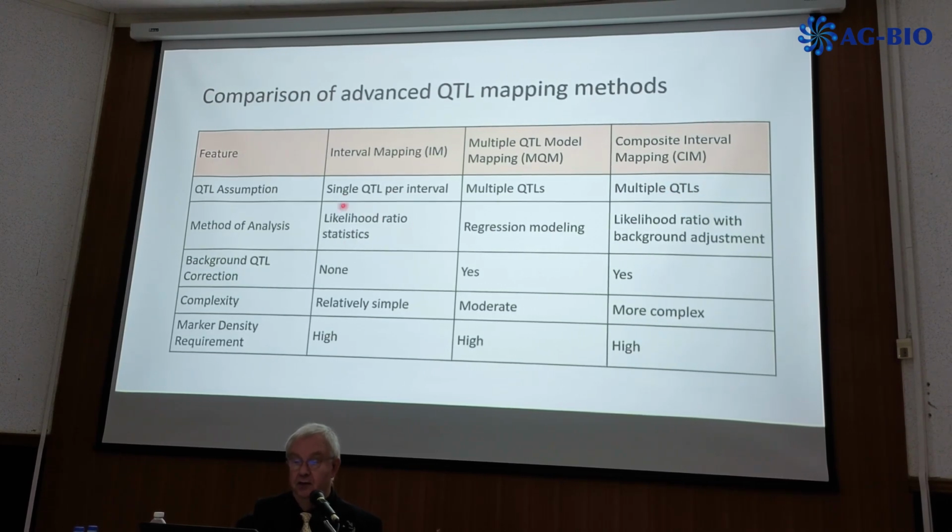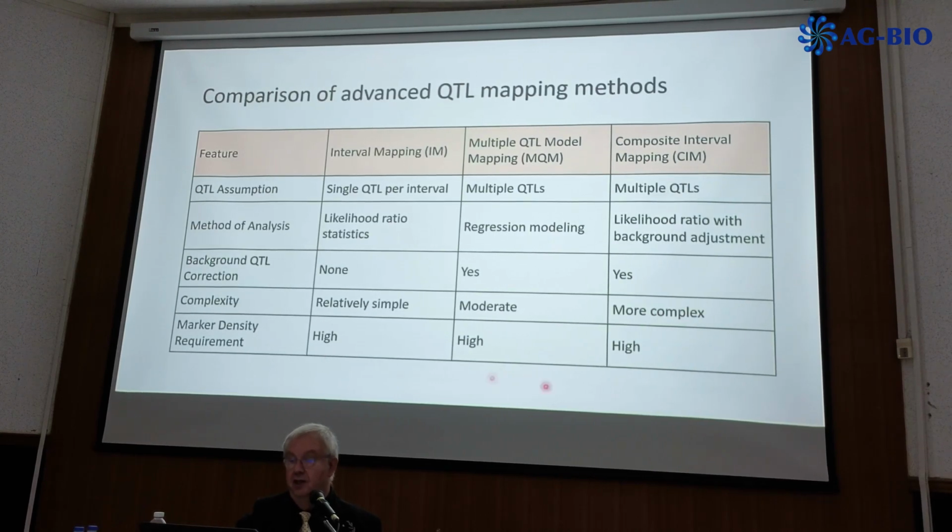The method here is likelihood ratio statistics, with a certain level that is considered. In the MQM, it is regression modeling, and in the CIM, a likelihood ratio with background adjustment. So in simple interval mapping, you have no background correction. In the MQM and the CIM, you do have a background, as I showed you in the previous slide. This is simple, and these two are more complex, especially the CIM is complex and arithmetic.